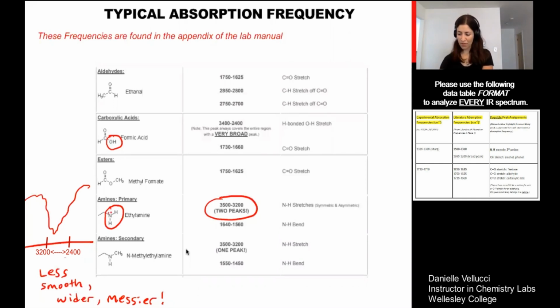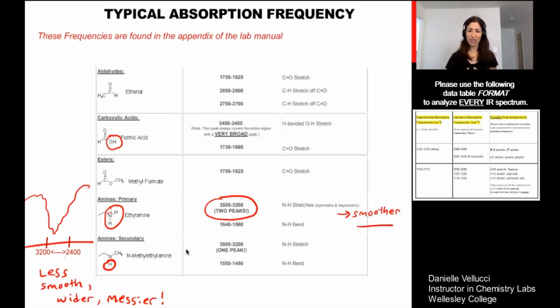Okay? When you only have one hydrogen, you tend to see one signal. And those tend to come between 3200 and 3500, and they tend to be smoother, like the alcohol signals. Okay? So this messy signal is really a telltale of a carboxylic acid.